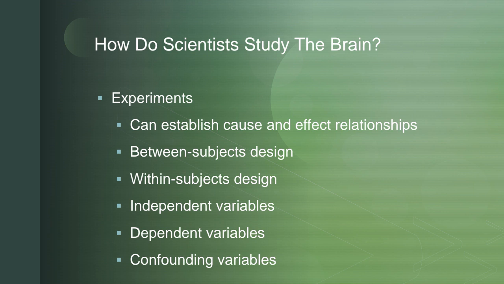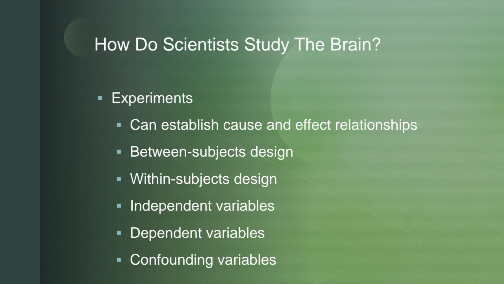Usually with experiments, researchers try their best to minimize confounding variables, but nothing's perfect. It's very difficult in practice to make sure that there is only one difference between the conditions, right?